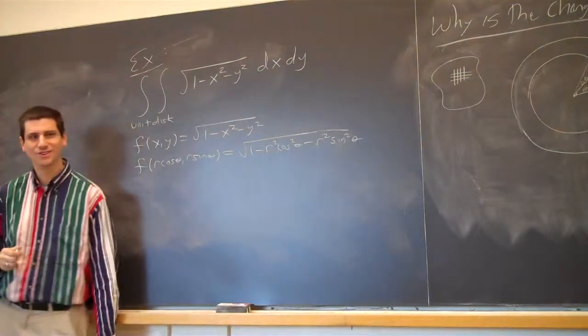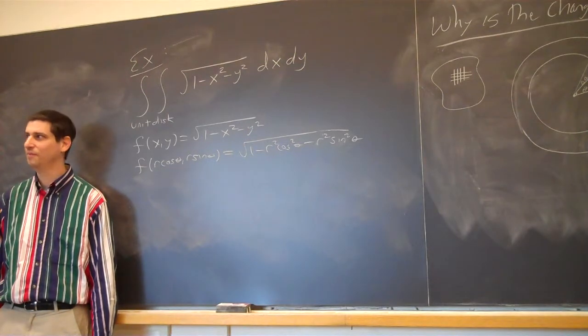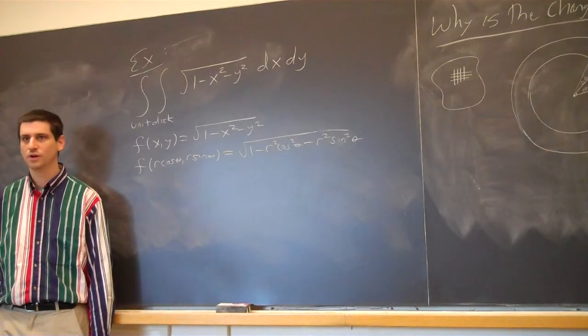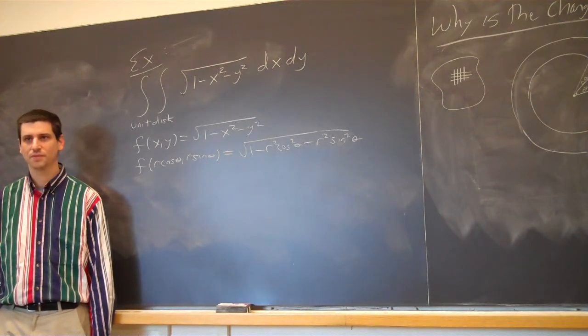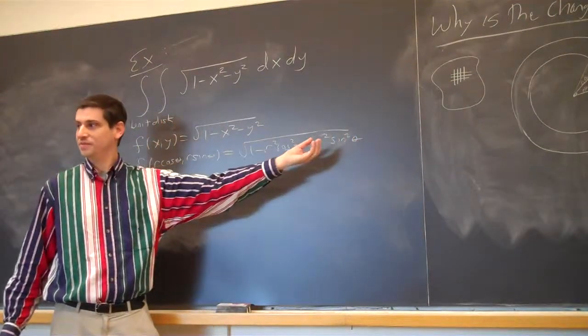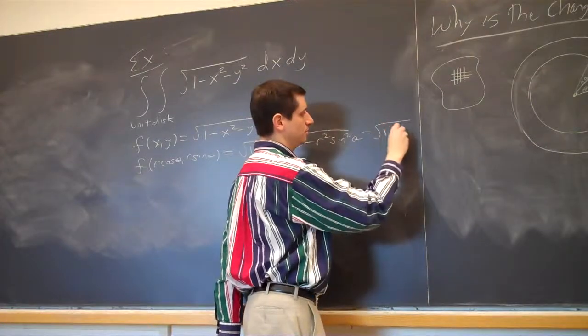Ooh! What does that simplify to? 1 minus r squared. Cosine squared plus sine squared is 1. So this becomes the square root of 1 minus r squared.